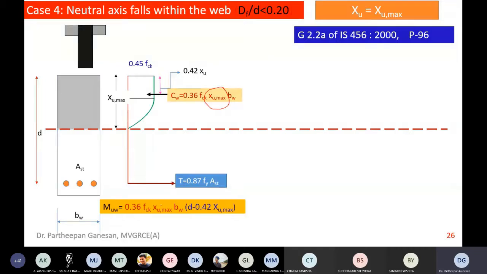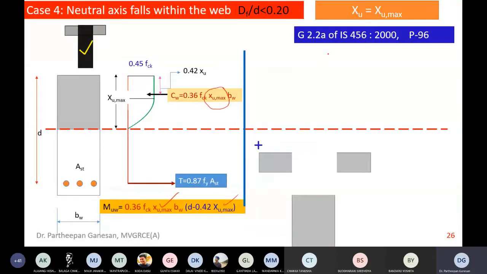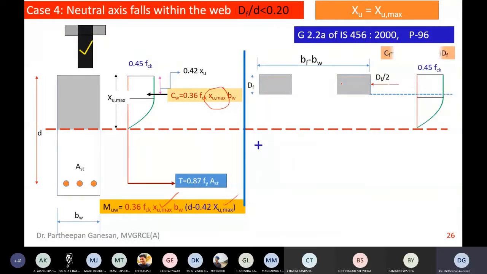Here also D minus 0.42 XU max. Similarly in this also, when it is less than 0.43 XU or less than 0.2, the flange equation will be in terms of the thickness of the flange. Once and for all, remember, Df will be there, and the lever arm will be D minus Df by 2.